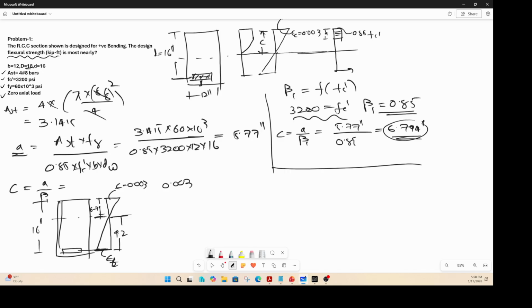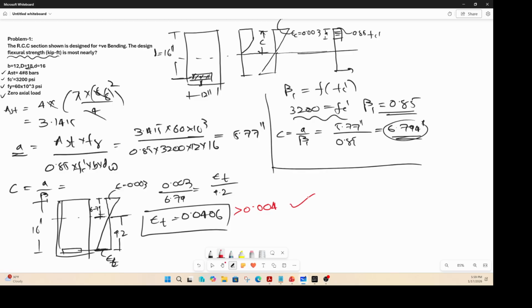So 0.003 by your 6.79 is equal to epsilon t by your 9.2 with that depth there. That gives you your epsilon t as 0.0406 or something like that. One thing to notice is this one is greater than 0.004. That means this is a legal beam.